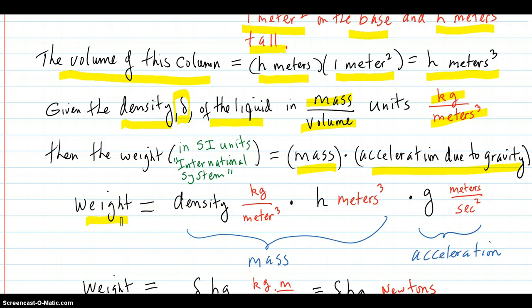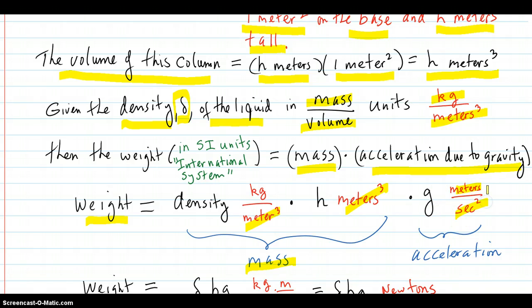The weight is the density in kilograms per meter cubed times h meters cubed, so those cancel out, and that's how you get kilograms, the mass, times acceleration, that's g.